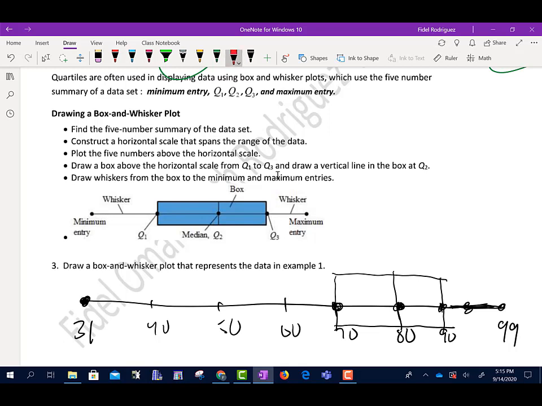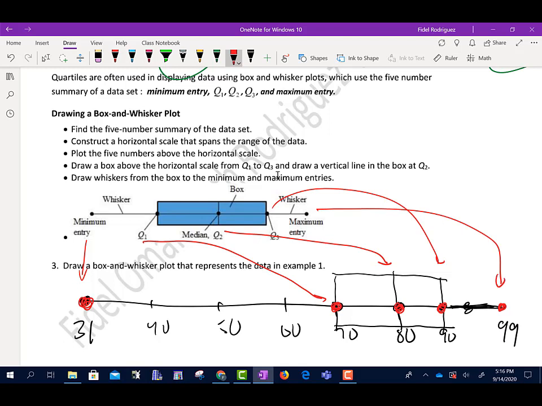And actually, I'll do them in red so they're a little bit more visible, because I want to show you what I'm doing. Okay, so look, here's my minimum entry right there. My Q1 is the first number, my Q2 is the second, my Q3 is the third, and that is the last one right there. Okay, so I got all my numbers down.